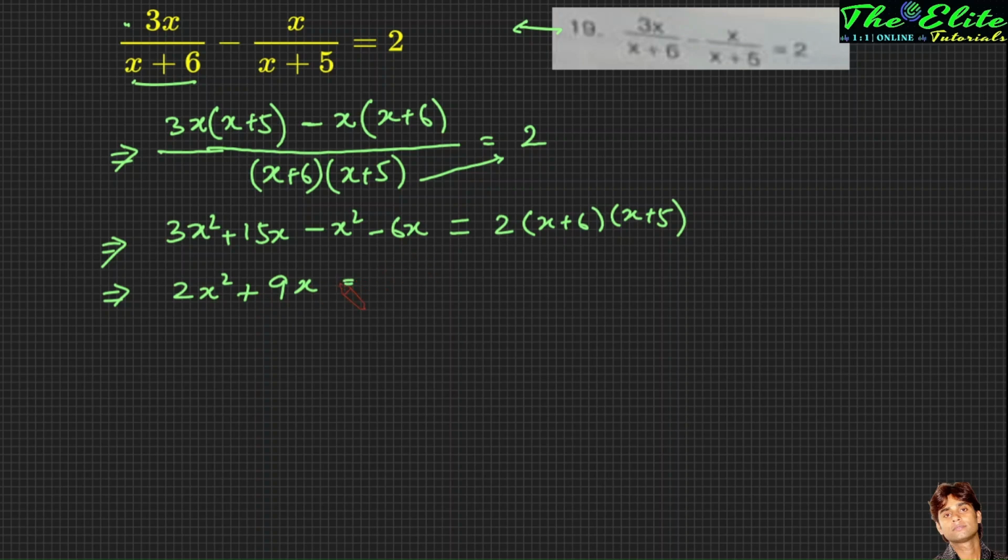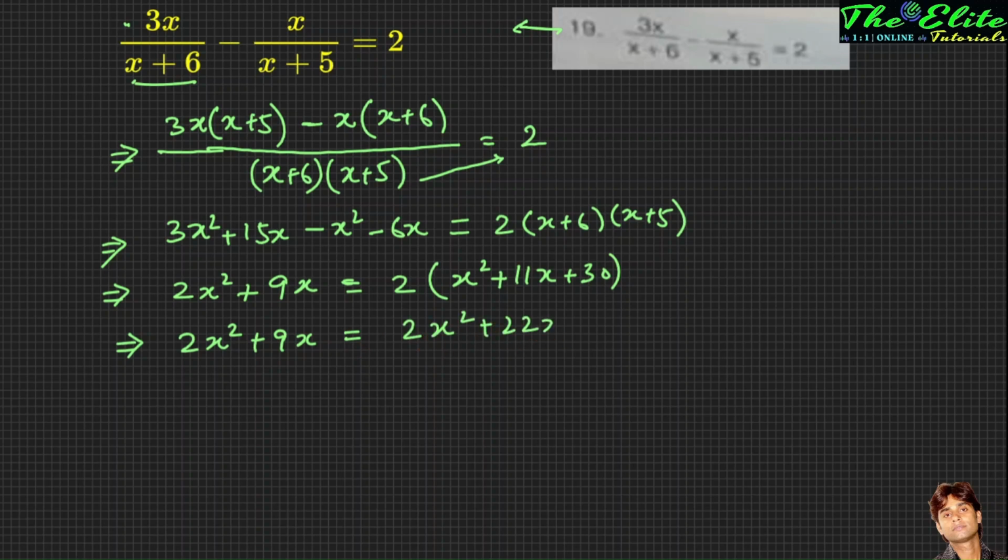On the left hand side things are done; on the right hand side we have to work. 2 is outside, we will keep that. Now x plus 6 into x plus 5 gives x square plus 11x plus 30. So the next step is 2x square plus 22x plus 60. The 2x square on the left hand side and 2x square on the right hand side, with the same sign, get cancelled.